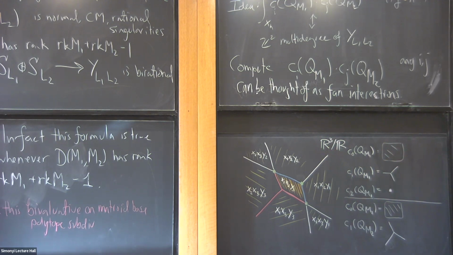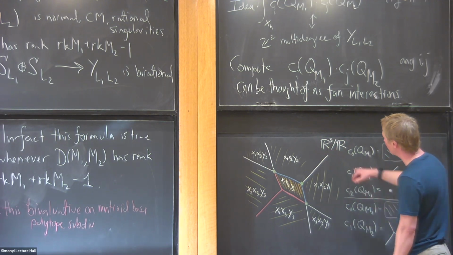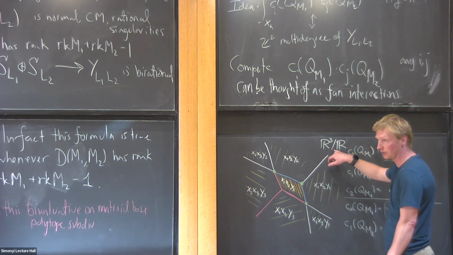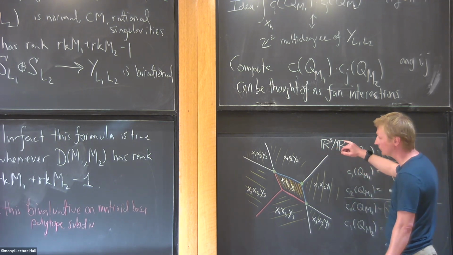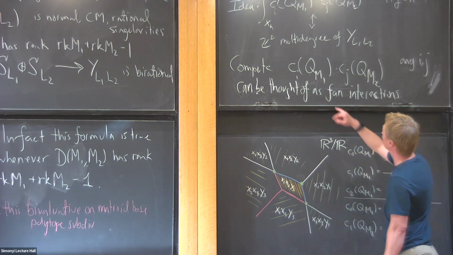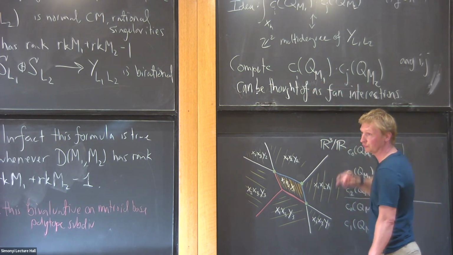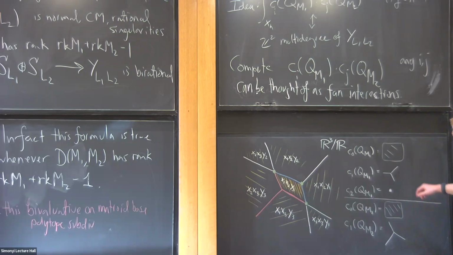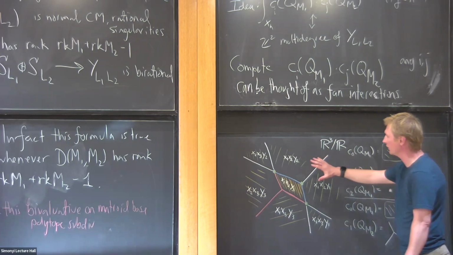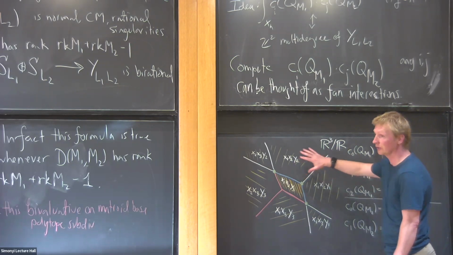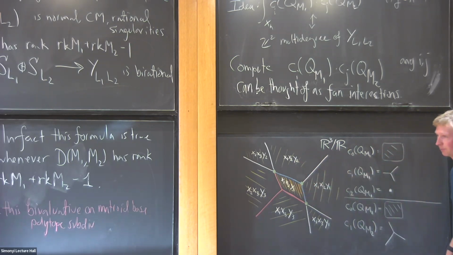And so you can assign to every point inside of R^n mod R how that point sits relative to these two fans. I've drawn what each of the Chern classes looks like here, the fan associated to each of them, and then I've drawn the partitioning of R3 mod R into cells.